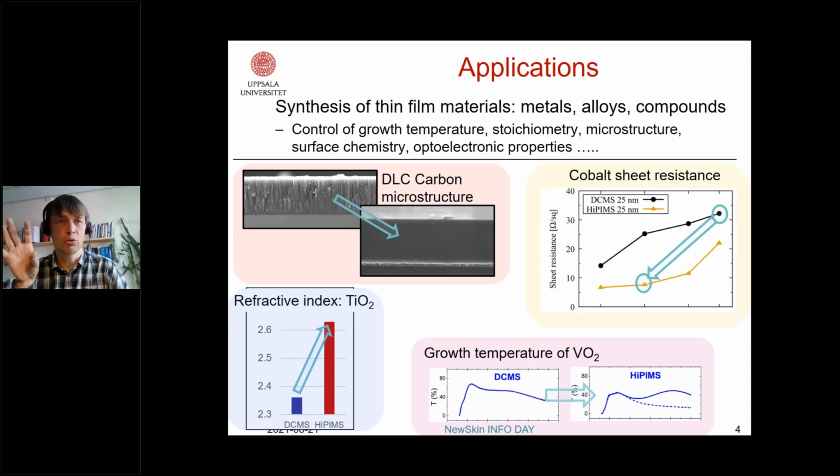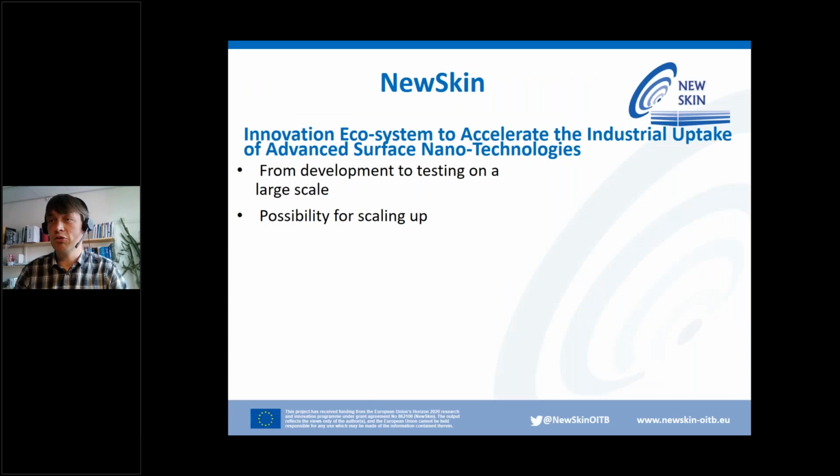Okay, we are going to look at some selected examples, but first of all, I will repeat once again what the NewSkin is. The idea behind this project is really to bring together a number of partners, because surface engineering, or what's called here advanced surface nanotechnology, is a very important field.